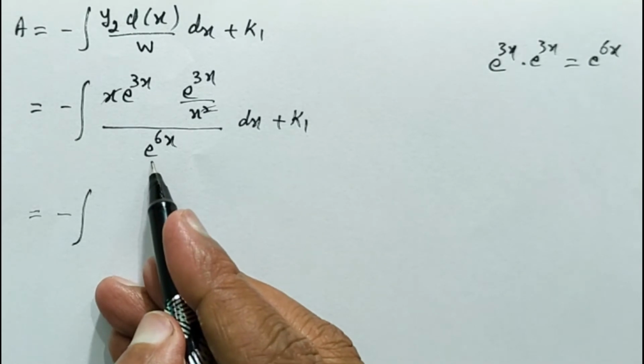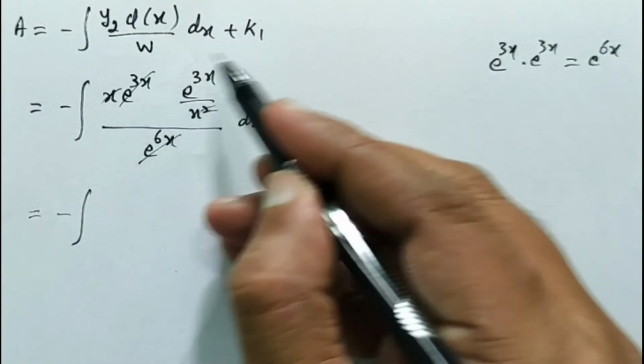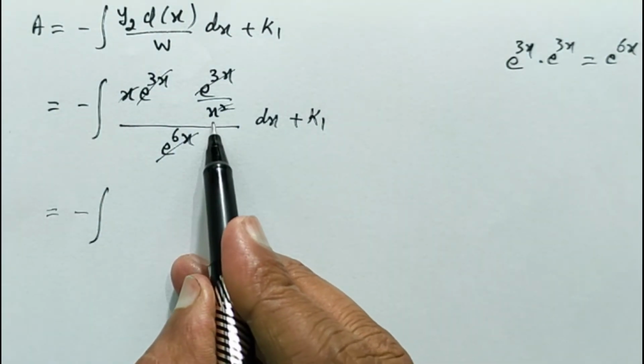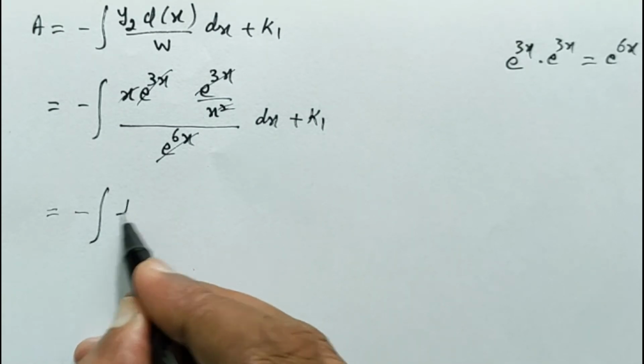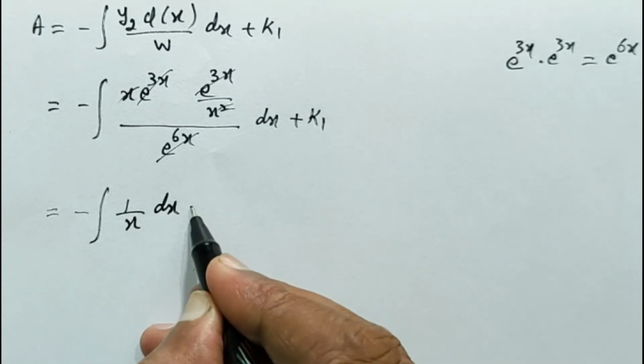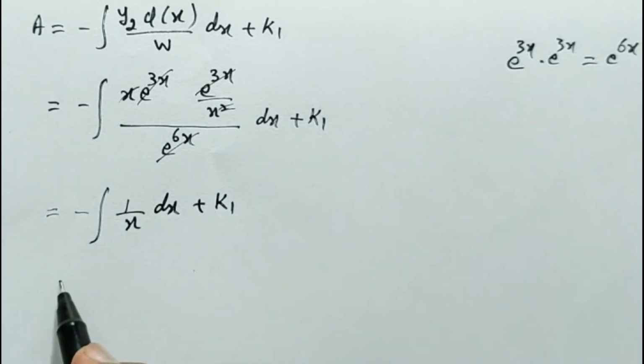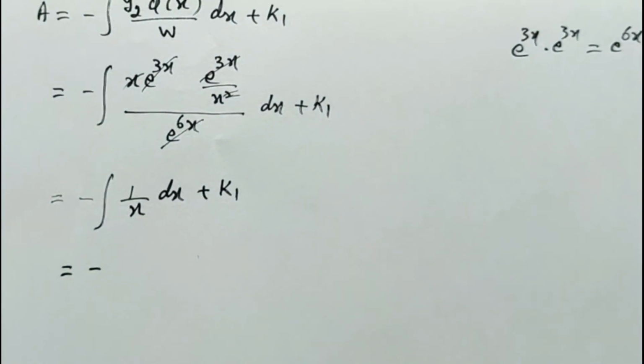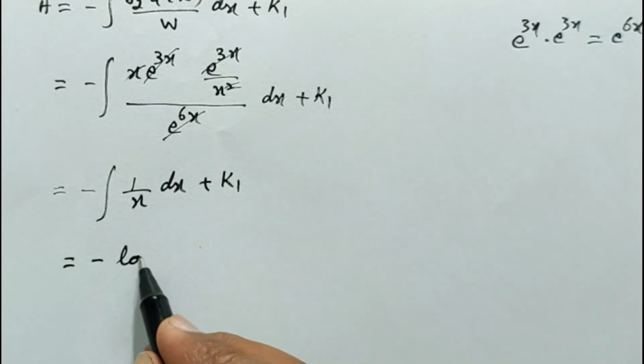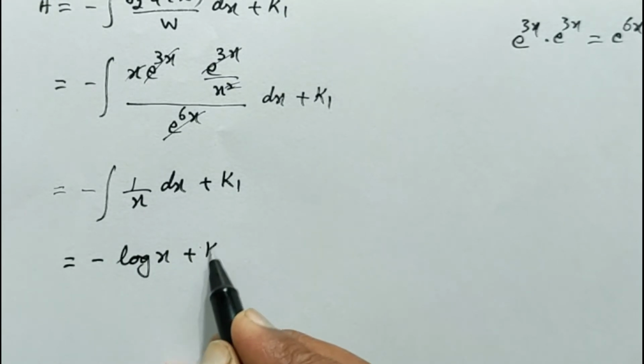The denominator e power of 6x will also cancel out, so only one x is left in the denominator. So you have 1 by x into dx plus the constant k1. So this is minus integral of 1 by x dx, which is nothing but log of x plus the constant k1.